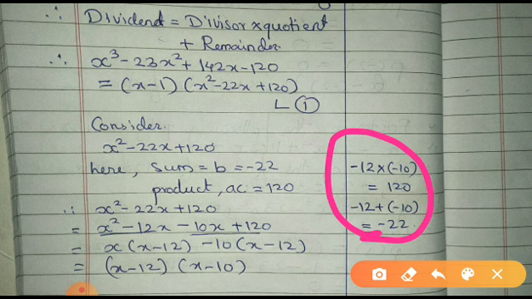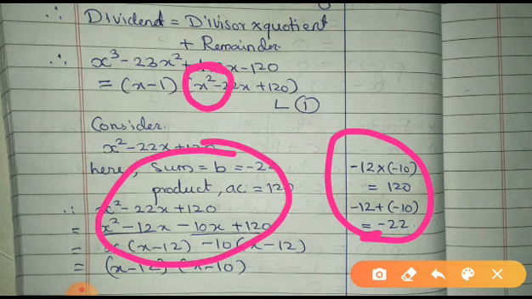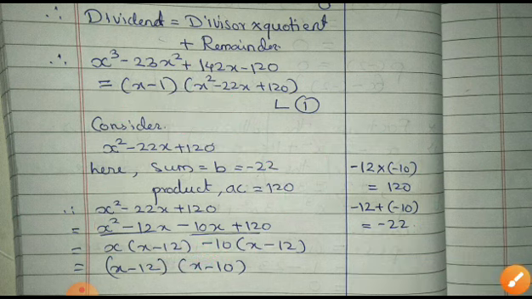Now in this question you can check that the coefficient of x square is 1 itself. So instead of doing this directly, if you have got the given numbers, then directly you can write x minus 1 into x minus 12 and into x minus 10.